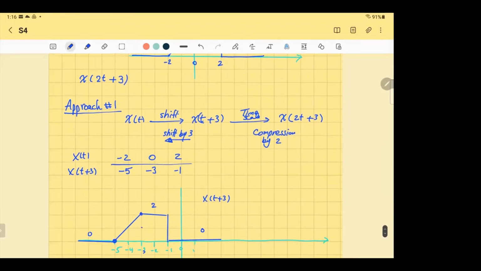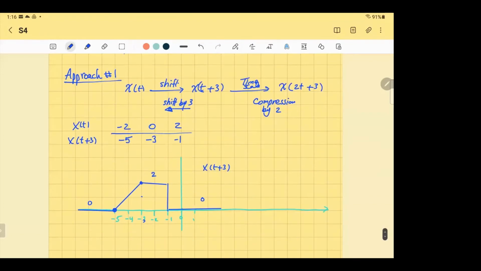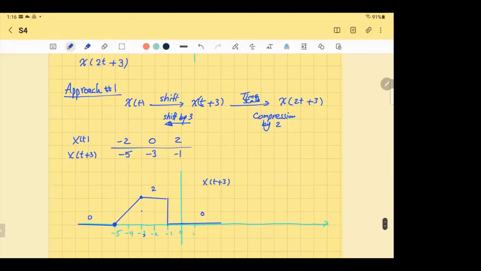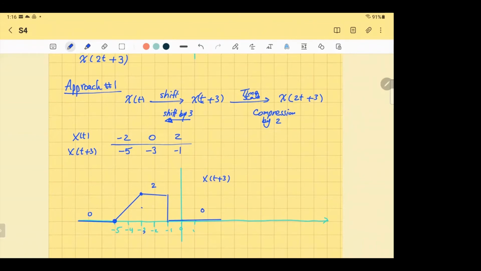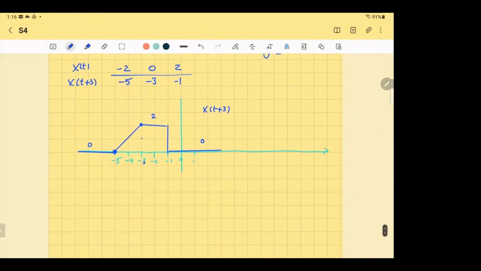Now, what is the second step? Scaling. How you do the scaling? Well, you look at the number. 2 is greater than 1. So you're going to define every single t. But the question is t, the old or the new? What do you think? The new, yes. So my new time here, I have -5.